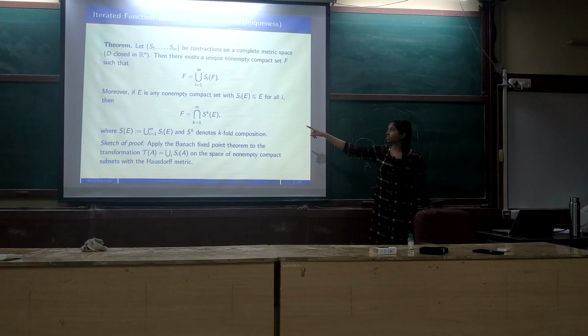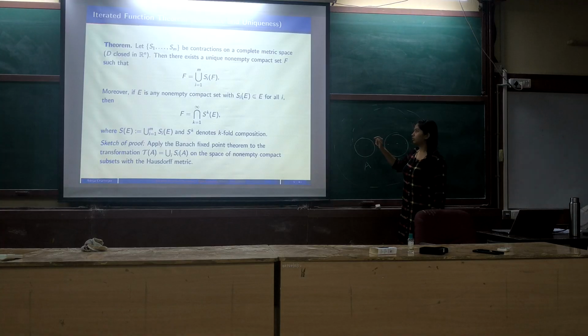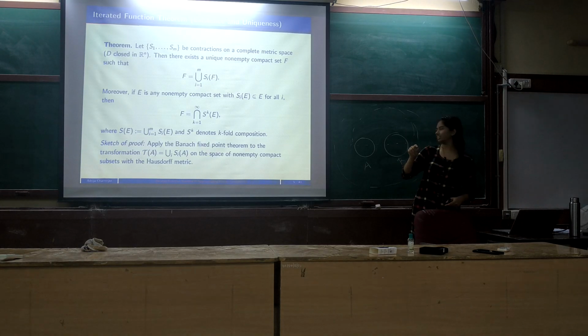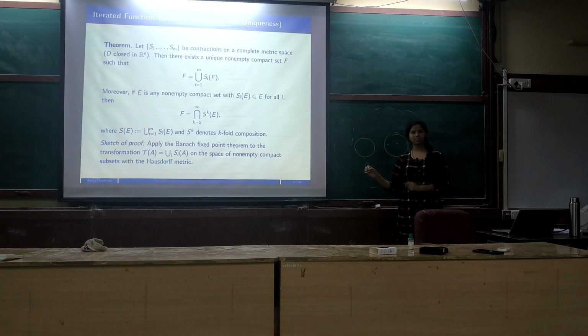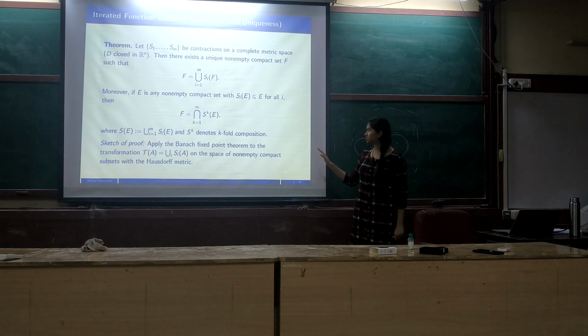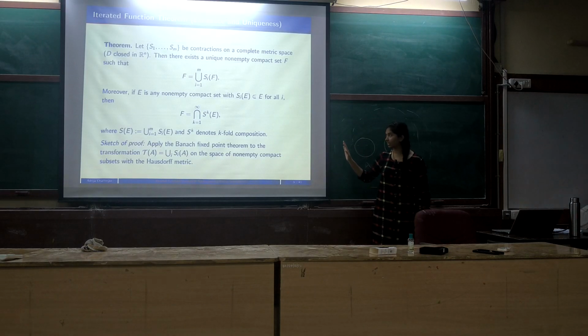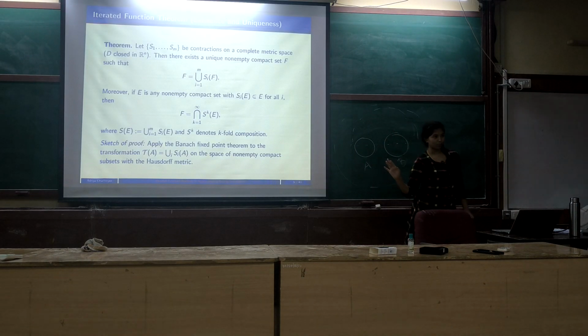The first iteration is S1 of E union S2 of E union ... union Sm of E. In the second iteration, you take S1 of S1, S1 of S2, up to S1 of Sm, then S2 of S1, S2 of S2, S2 of S3, and so on. So you take all the compositions: at the kth level, you take all the k-fold compositions of the maps, and you get the attractor by taking the limit as k tends to infinity.